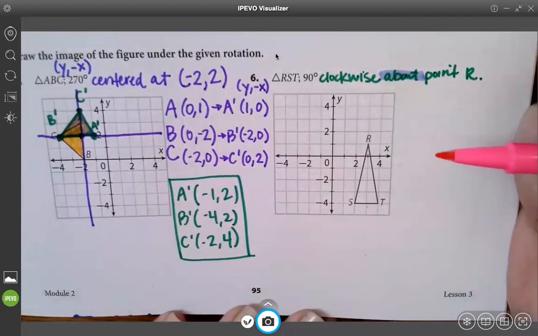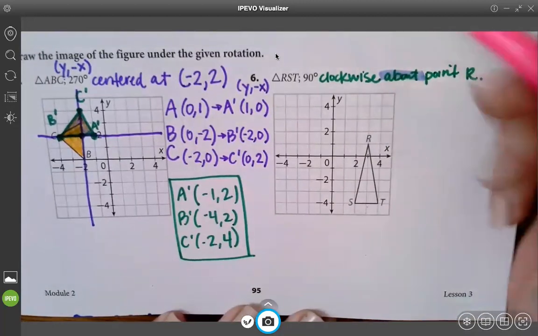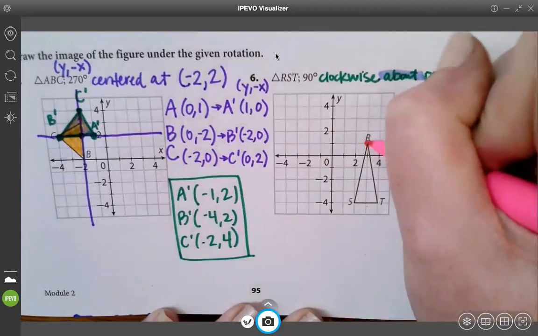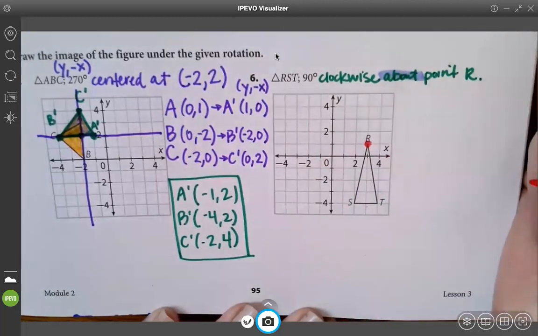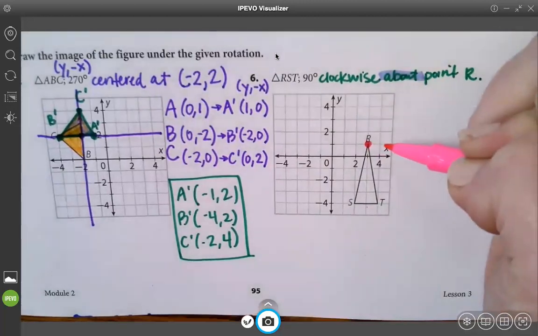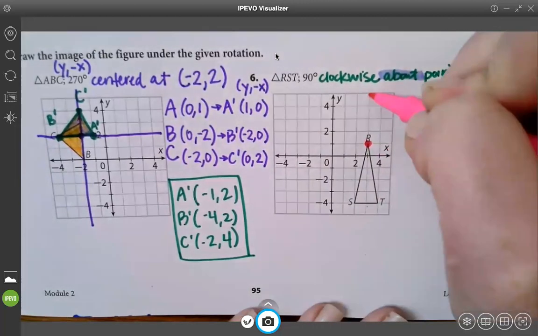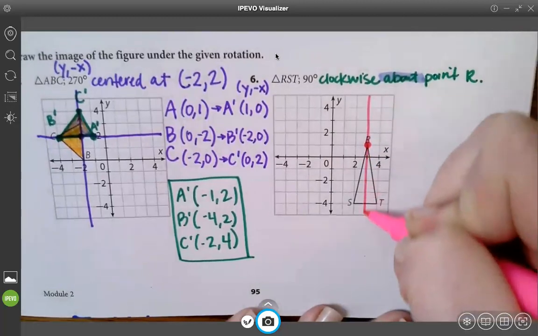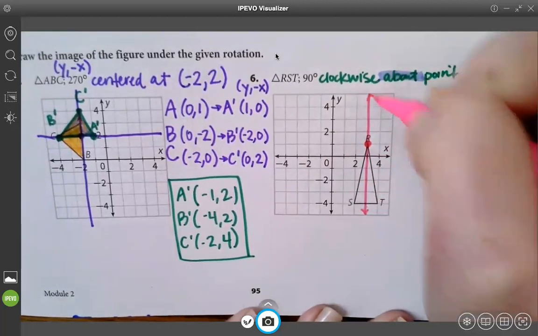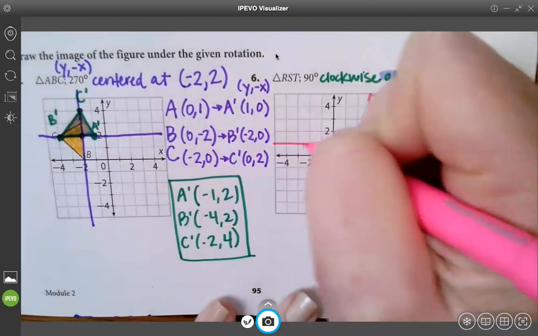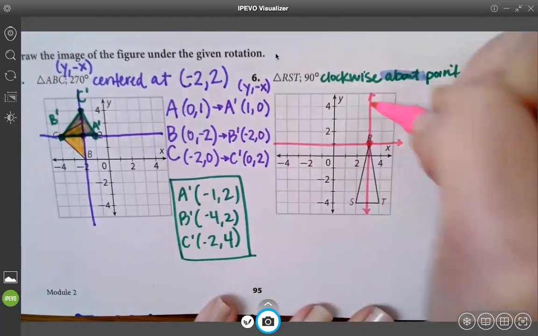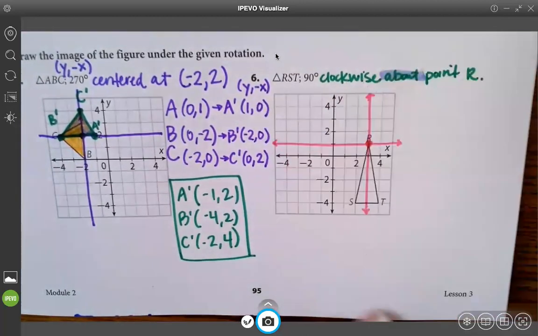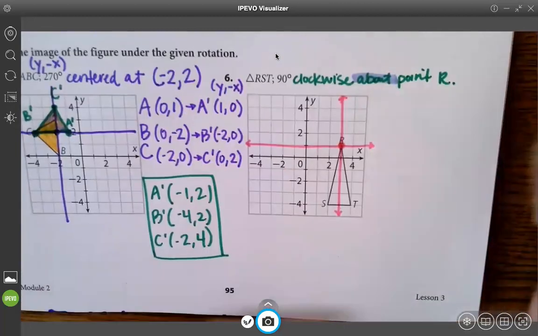So the first thing we're going to do is make a new set of X and Y axes, and it's going to be 0, 0'd or centered at our center of rotation. So it's going to be centered at R. So I'm going to draw my Y axis, going to draw my X axis, and remember these are just temporary X and Y axes that we are imagining for our own purposes. Then I'm going to get new coordinates.